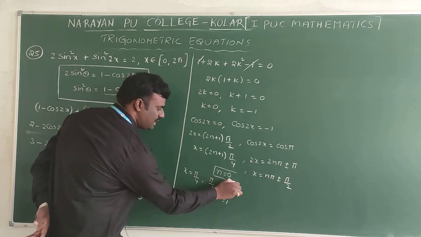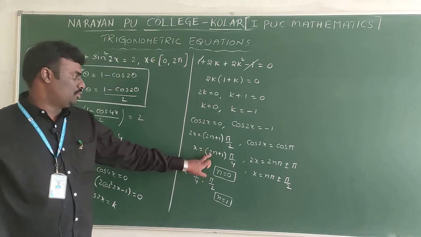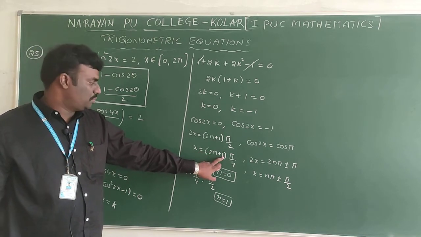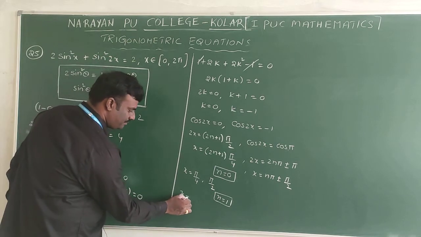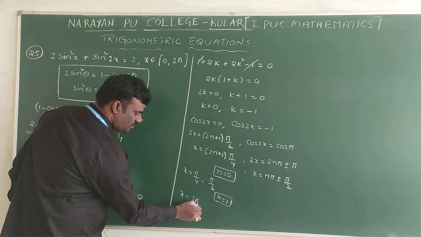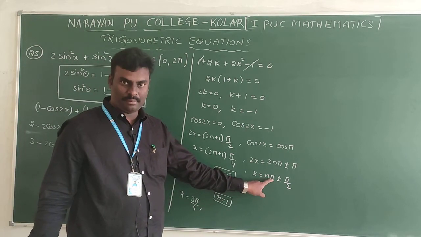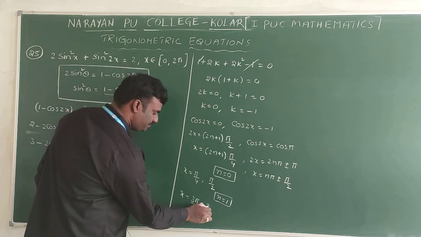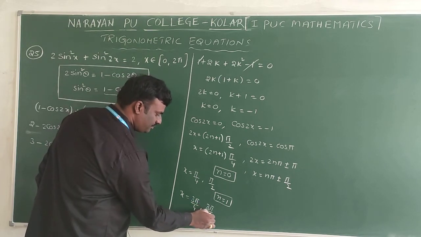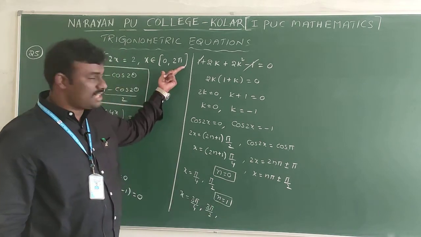Next I am taking n is equal to 1. We need to substitute like this. 2 into 1 is 2, 2 plus 1 is 3, so 3 pi by 4. Here you substitute 1 into pi, pi plus pi by 2 is 3 pi by 2. 3 pi by 2 is there in the range.